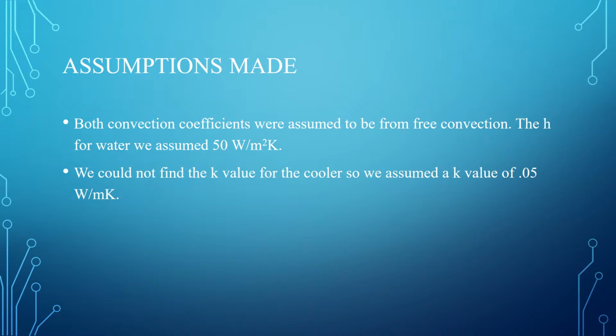We kept getting a negative beta, so we just decided to assume that the H value would be about 50. And then when we went to look for the K value for the cooler online, we couldn't find any of the material properties. So we just had to guess what we would use for a K value, and we thought it would be about 0.05.